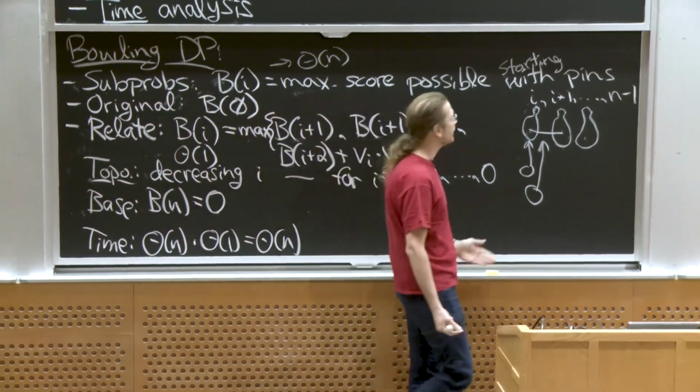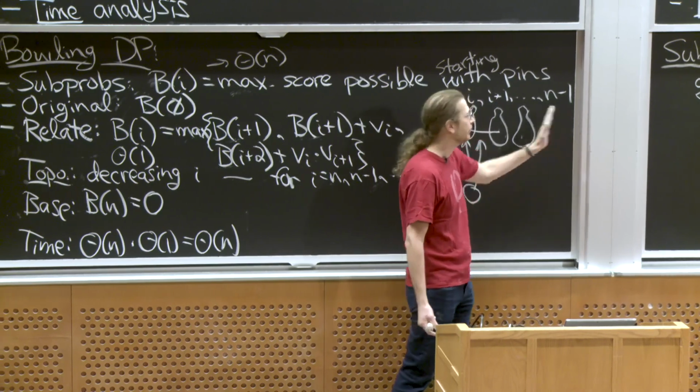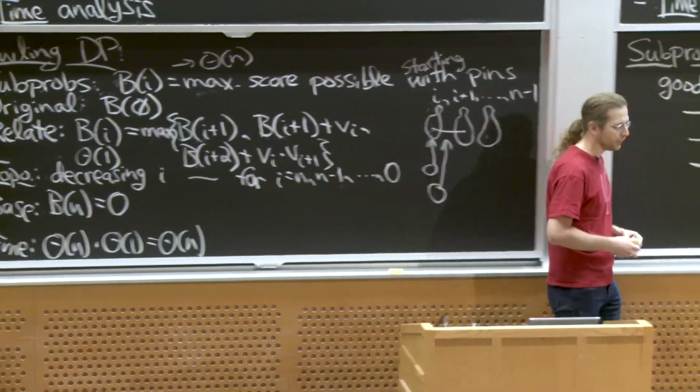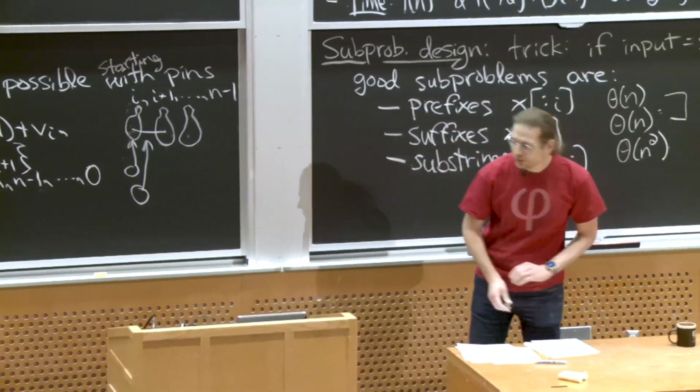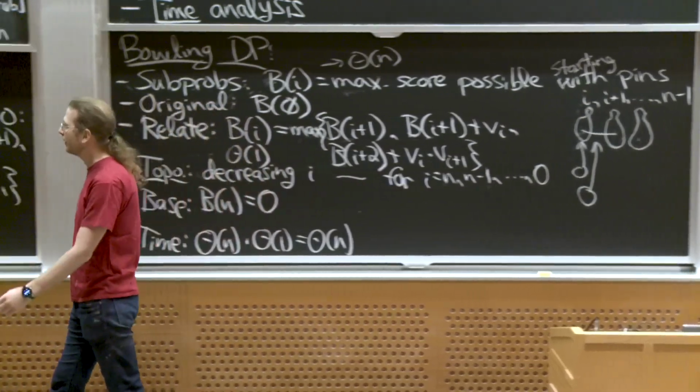And it's because what I do to this pin doesn't depend too much on what I do to a pin much later. There's a lot of intuition going on here for when DP works, but we're going to see a lot more examples of that coming up.